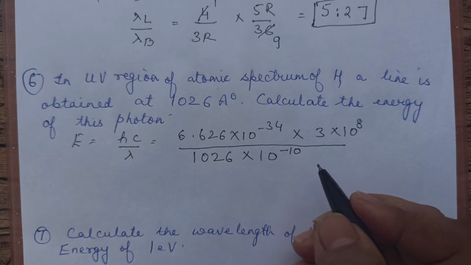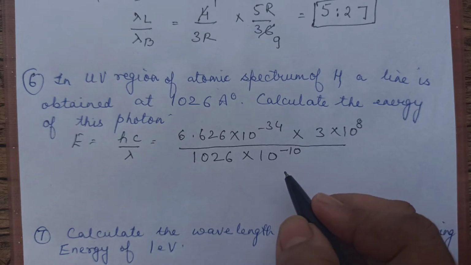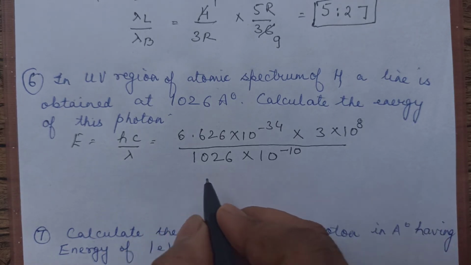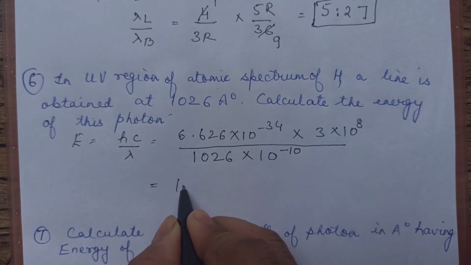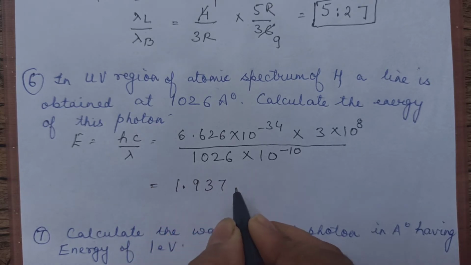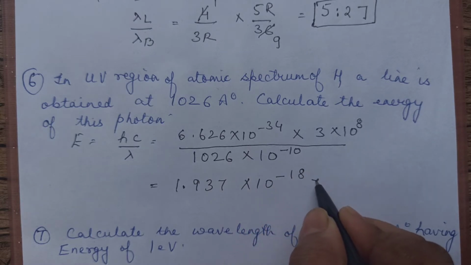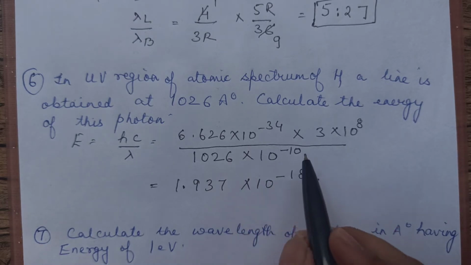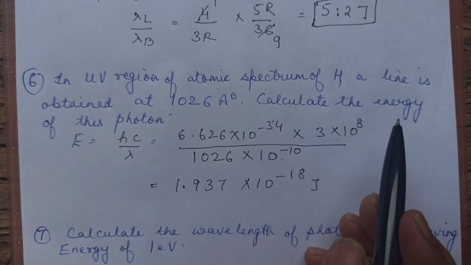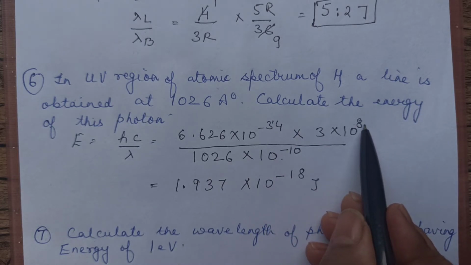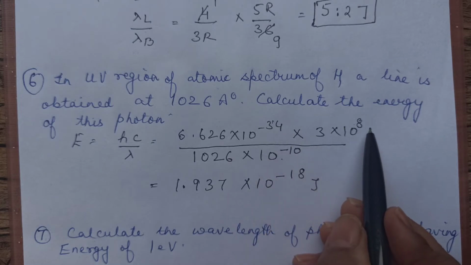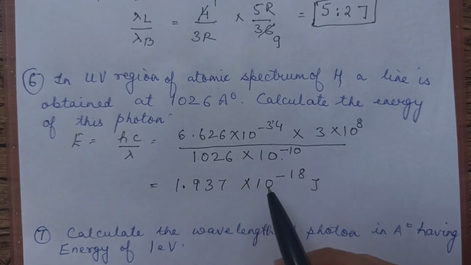Okay, so then I will solve it and I am getting here the answer as 1.937 into 10 to the power minus 18 joules. So what you do is you take all the powers separately. This in the numerator will become 18, so 34 minus 18 you can take, and then you simplify the other things. Then it will be a little easy. If you mix up everything, then there are chances of going wrong.